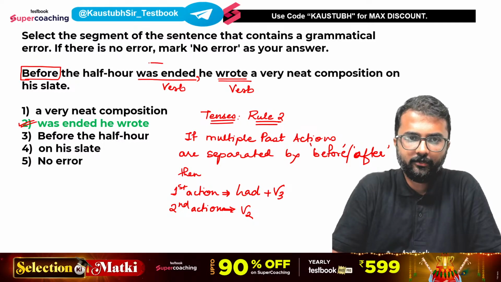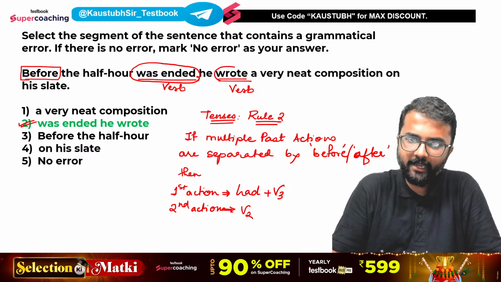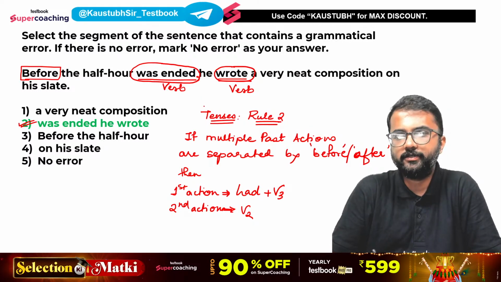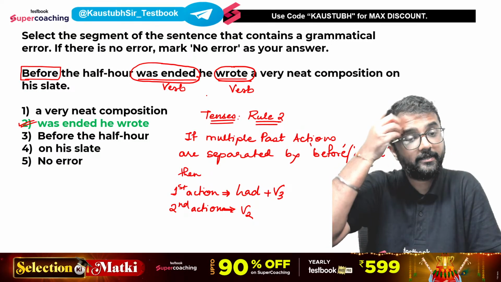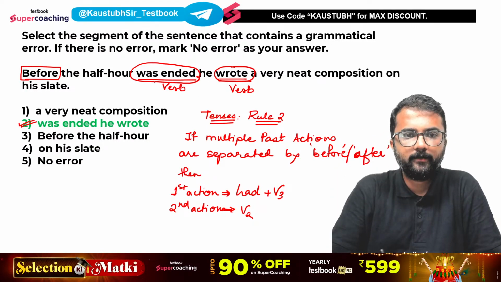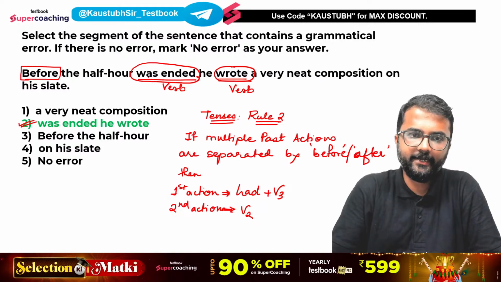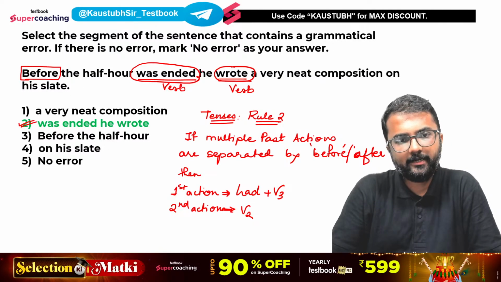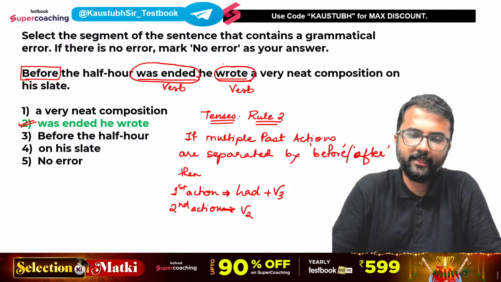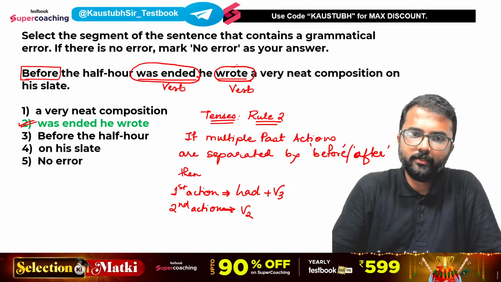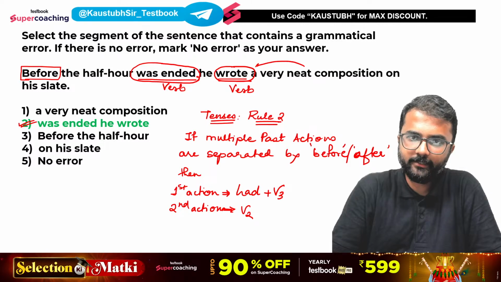Now which action happened first? Did the half hour end first, or did he wrote a very neat composition on the slate? Actually, if you look carefully, before the half hour was ended... One minute, have they marked it wrong again? No, they marked it correctly. So what happened first? First he wrote a neat composition on his slate.